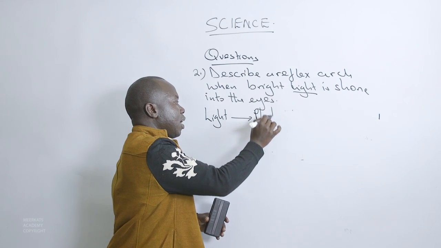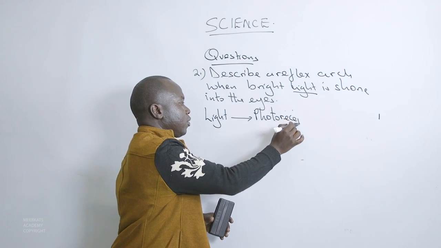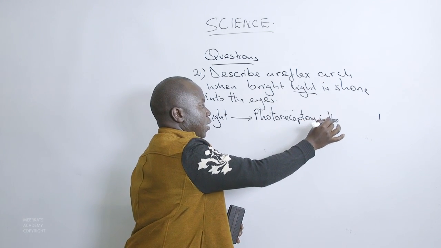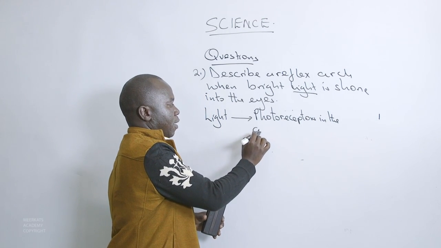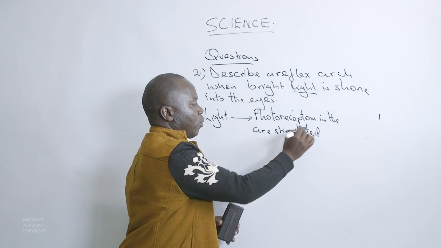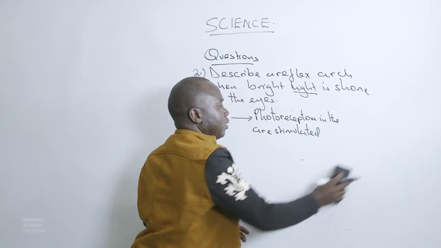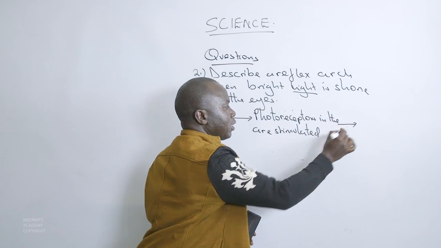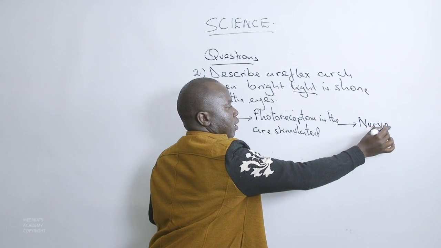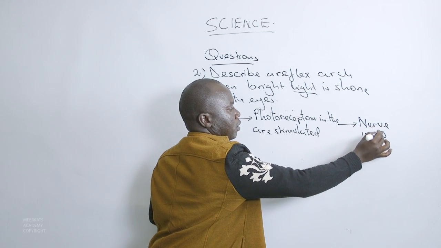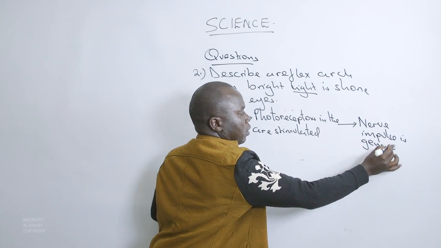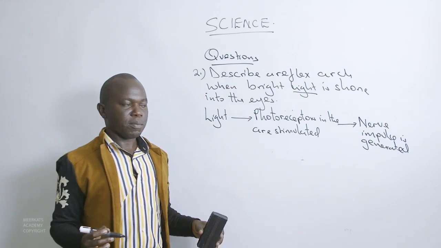So photoreceptors in the eye are stimulated. When photoreceptors are stimulated, a nerve impulse is generated.